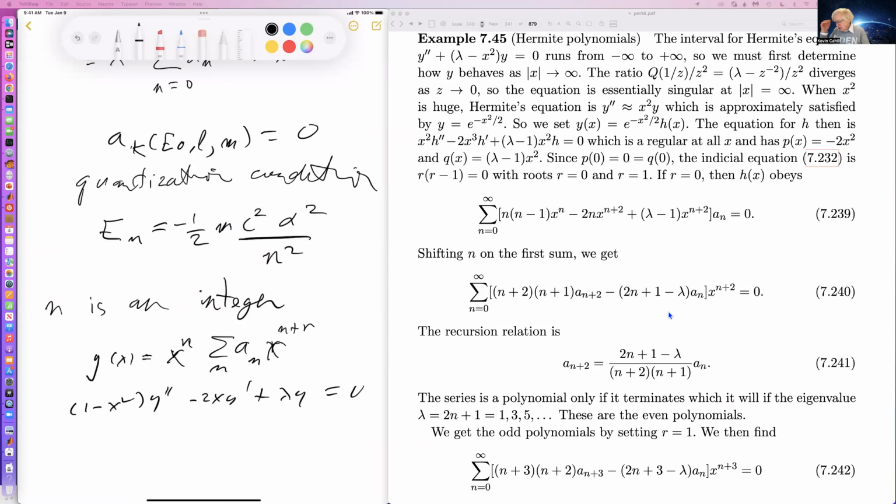So tomorrow we'll start at 5:30. We'll Zoom again, and I'll just do examples tomorrow.